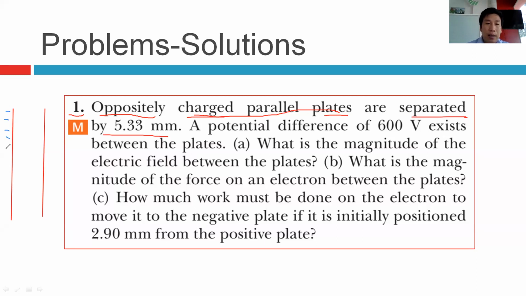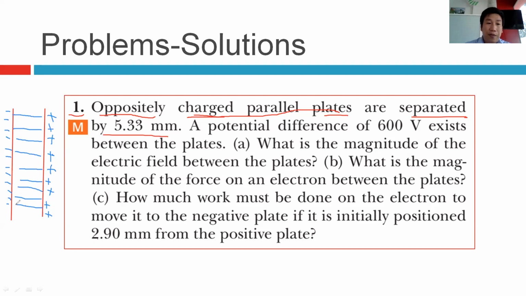The symbol here is the negative terminal. This will be the positive terminal. And remember, the electric field inside these capacitors will be uniform. This should be uniform inside, right?